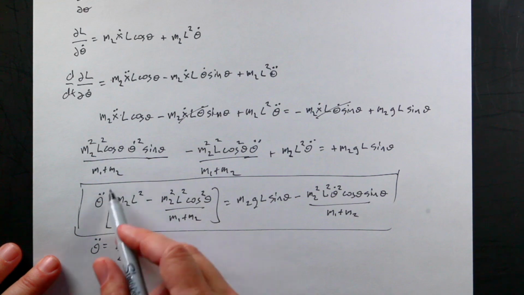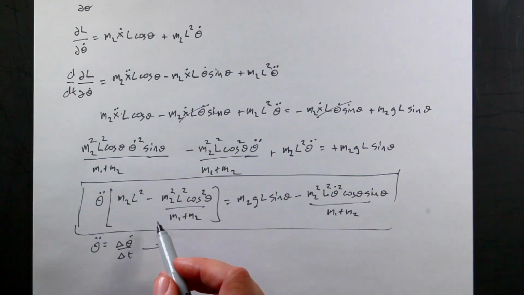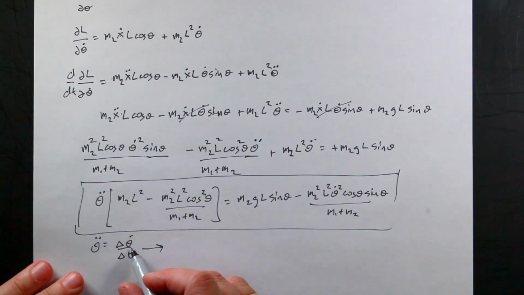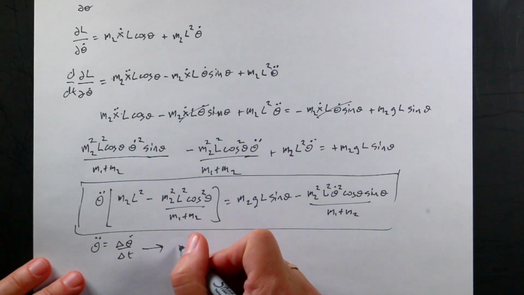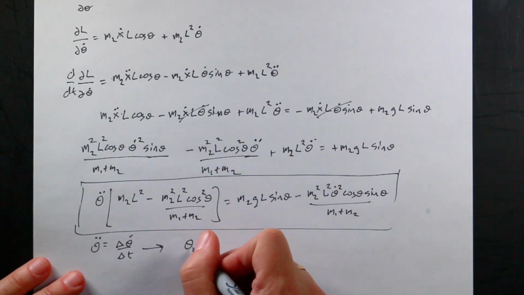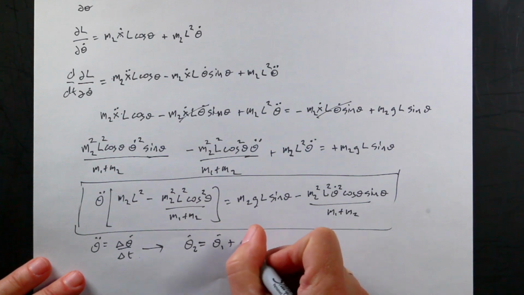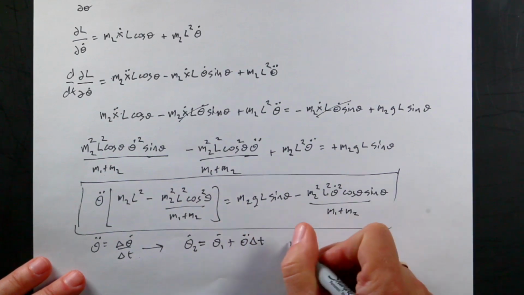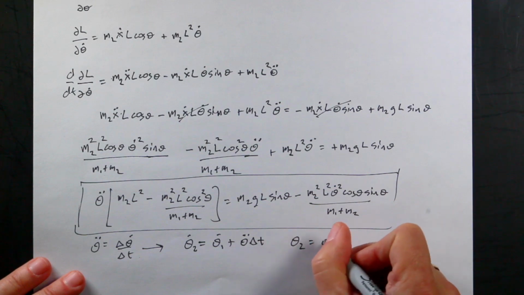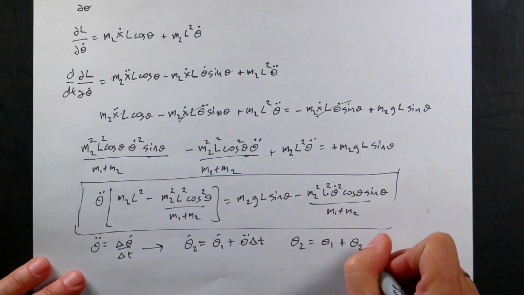I'll just call this A, and I can calculate that. So if delta t is very small, theta 2 dot equals theta 1 dot plus theta double dot delta t, and theta 2 equals theta 1 plus theta 2 dot delta t.